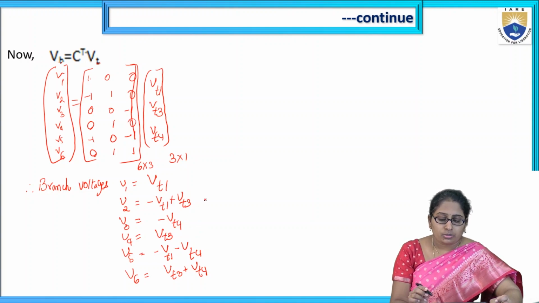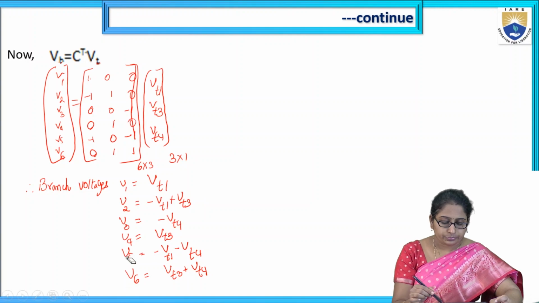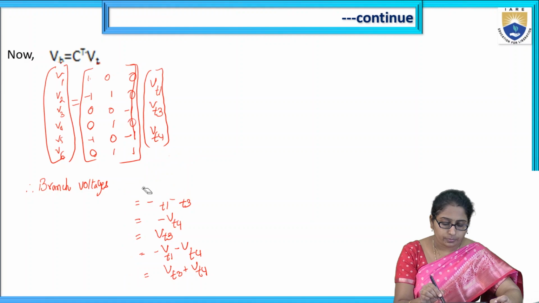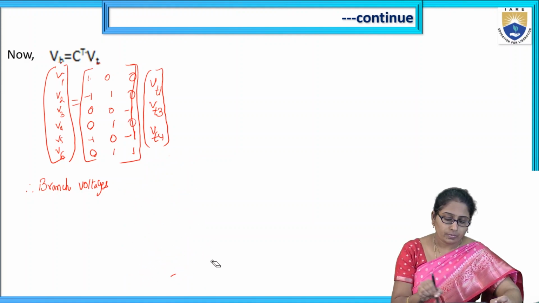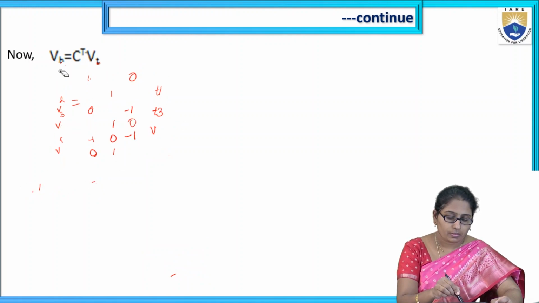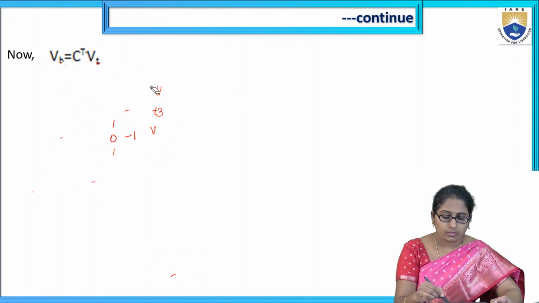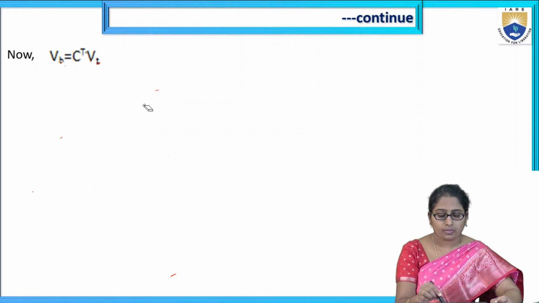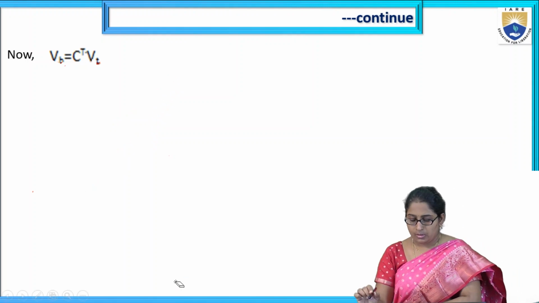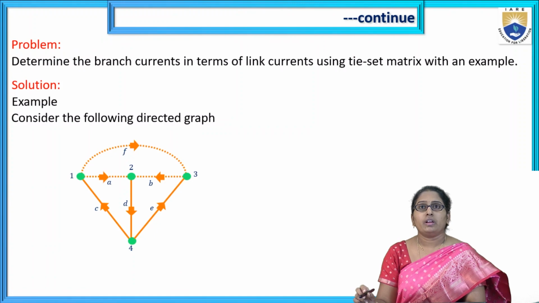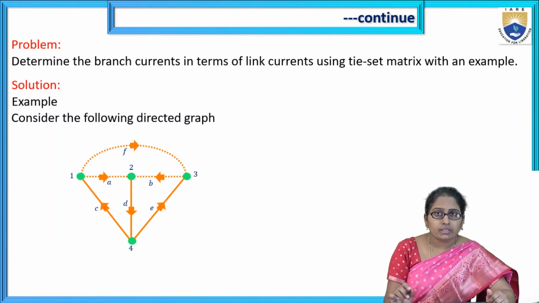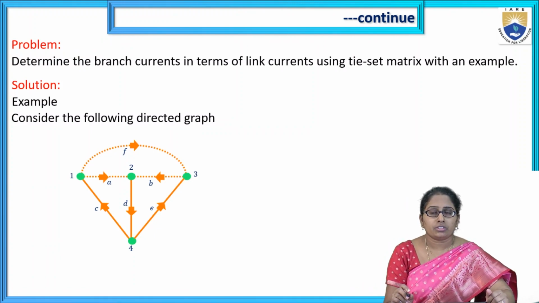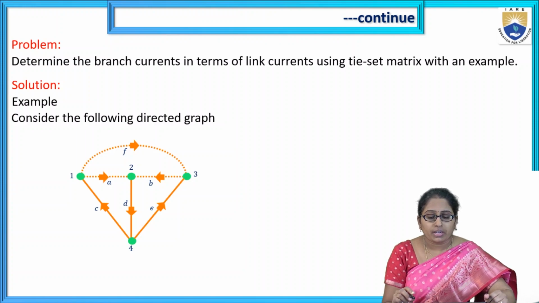Okay, now next is finding the branch currents using the tie-set matrix.